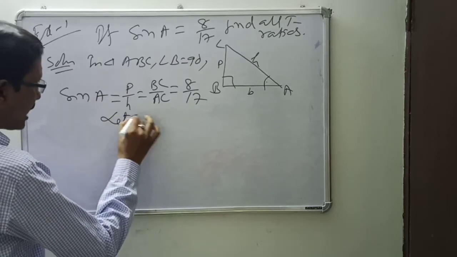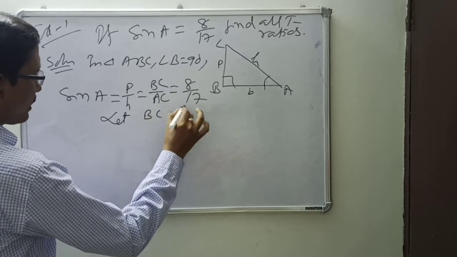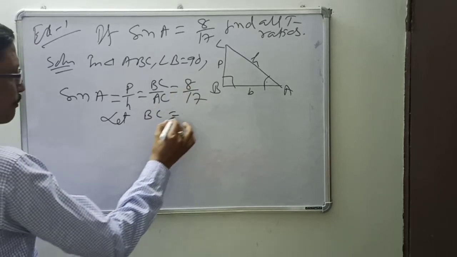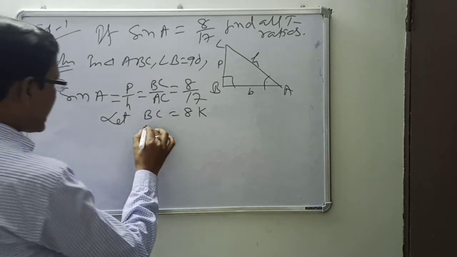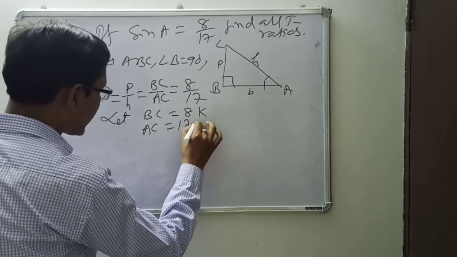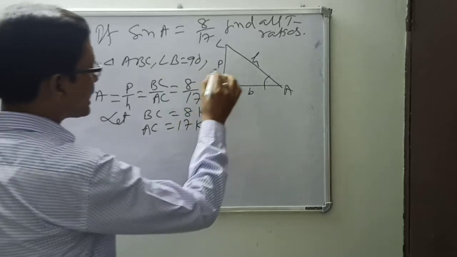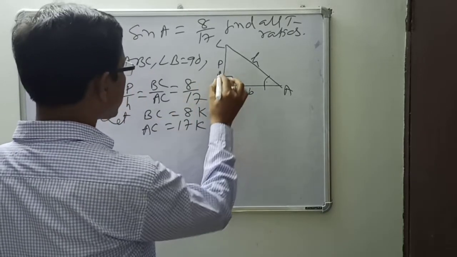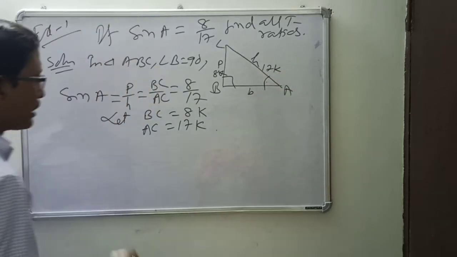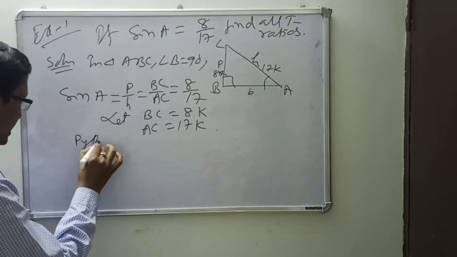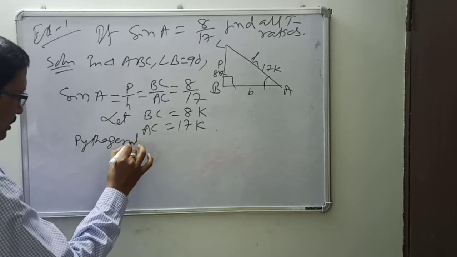That's why I am writing here, let BC not be equal to 8. BC will be 8K, K is any constant. AC equal to 17K. So by Pythagoras theorem, you have to get the third side.